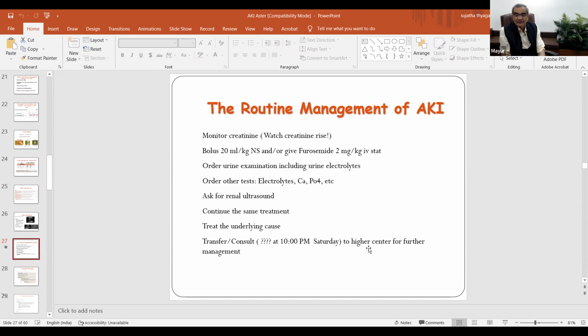And if things are not doing well, then the treating doctor is required to transfer them to higher centers and seek the opinion of intensivists and nephrologists. And usually, as you know, these things happen over the weekend and during the nights.